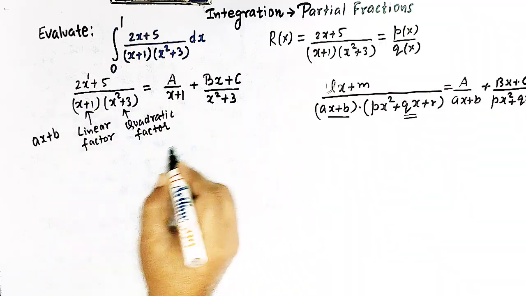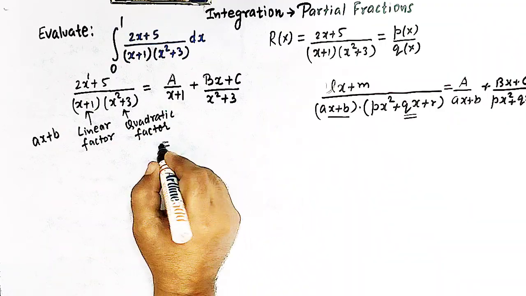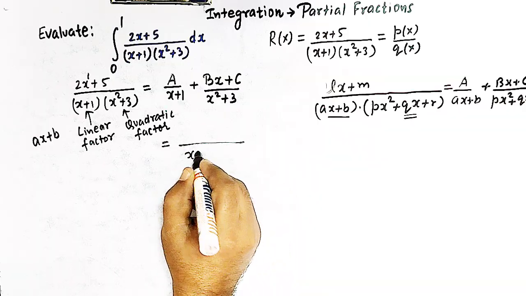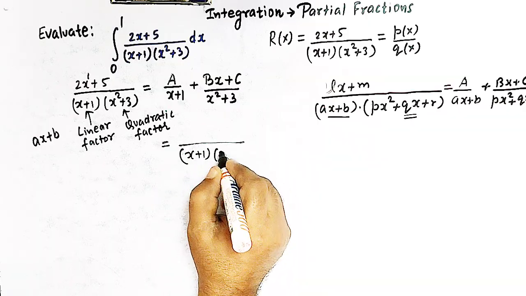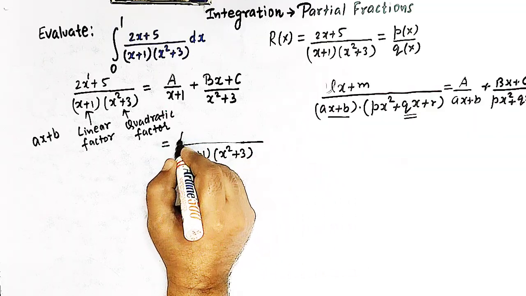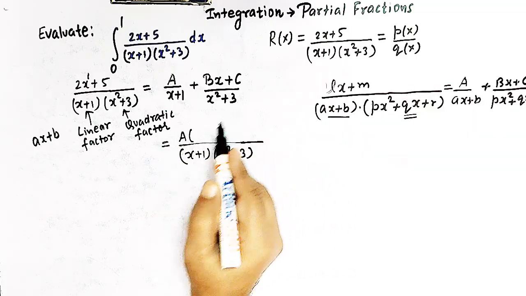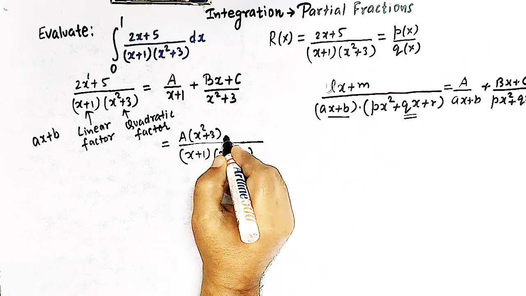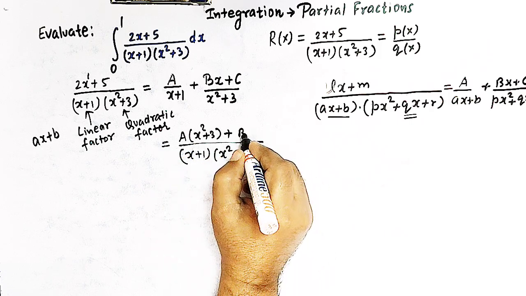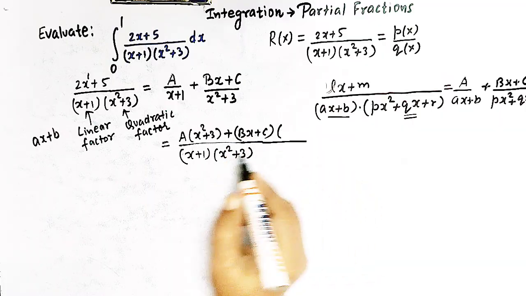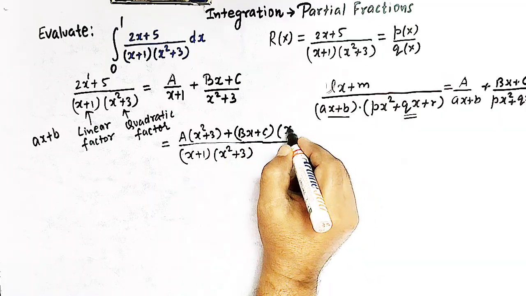So here we take the LCM, that is x plus 1 times x square plus 3, and then we can write a times x square plus 3 plus bx plus c times x plus 1.